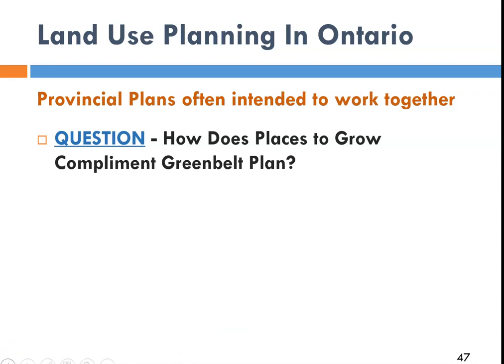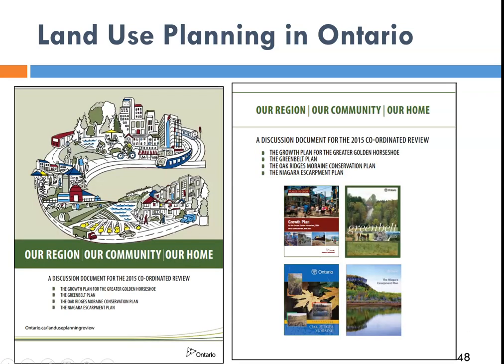So the question always is, why have two separate documents then? Which is a great question. You would have seen on the slides that it is the Ministry of Municipal Affairs and Housing who has developed both of those documents. And so just to wrap up this particular segment, I wanted to show you that there has been a coordinated effort to do a review of multiple documents. So you'll see in this listing, it does have that Places to Grow, the growth plan.